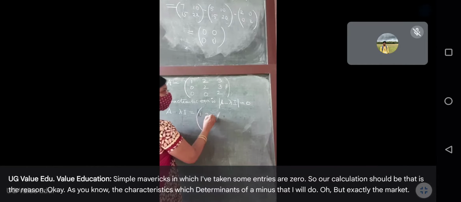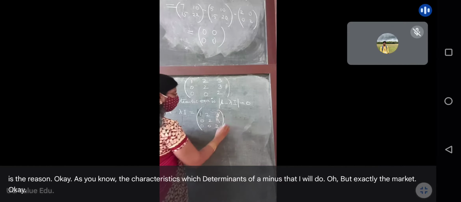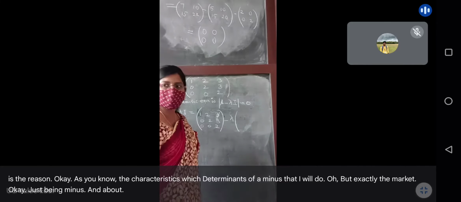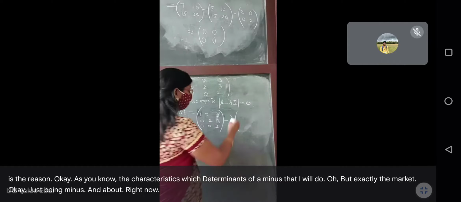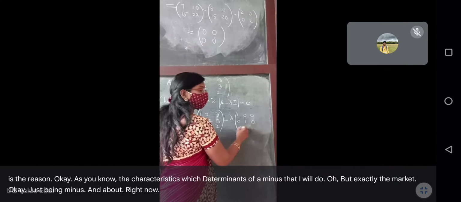So A minus lambda I. The right matrix will now be a 3 by 3 matrix, so it should be 1, 0, 0, 0, 1, 0, 0, 0, 1. Let us simplify this.